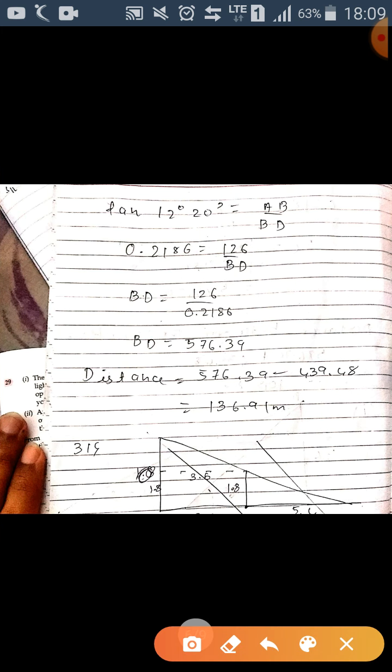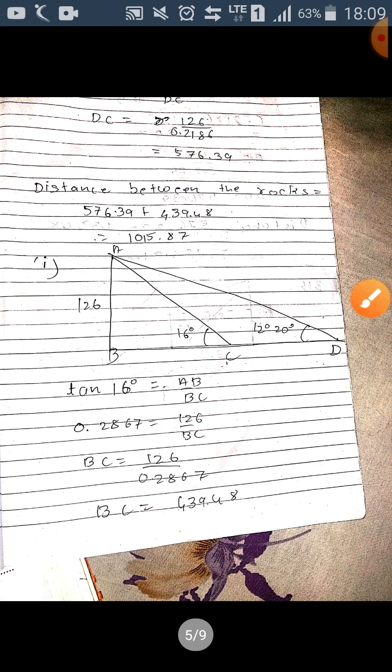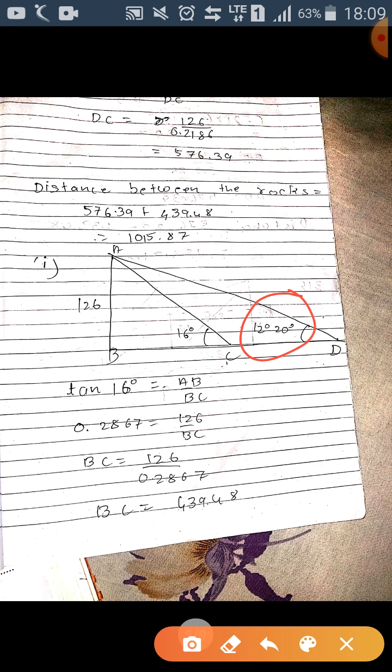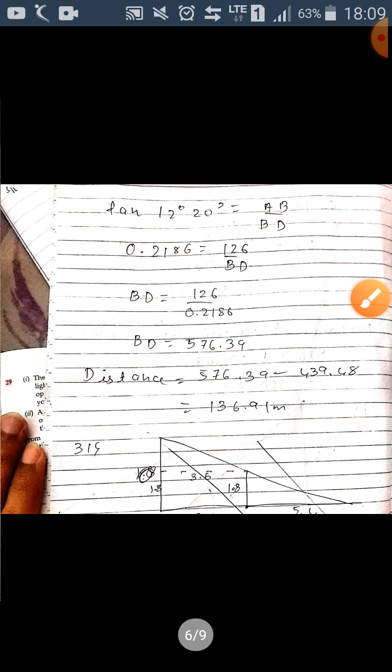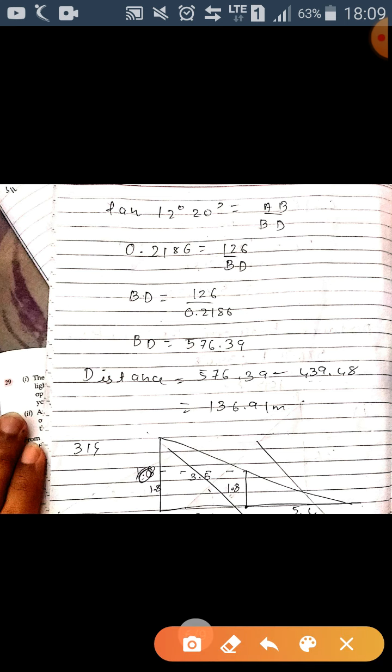Now let's look at this one. Tan 12 degree 20 minutes is equal to perpendicular, which is AB, by base, which is BD. And I get that BD is equal to 576.39.